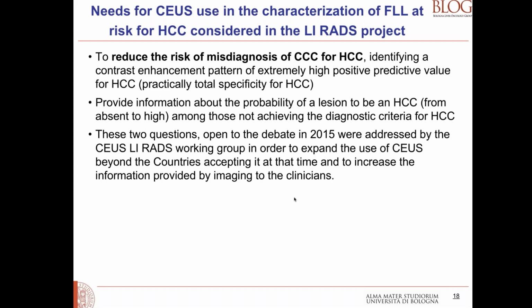And this is something that we wanted to avoid, because hepatocellular carcinoma is a unique tumor that can be diagnosed by imaging alone. So imaging must be almost totally predictive, totally specific for hepatocellular carcinoma, with no risk of misdiagnosis.